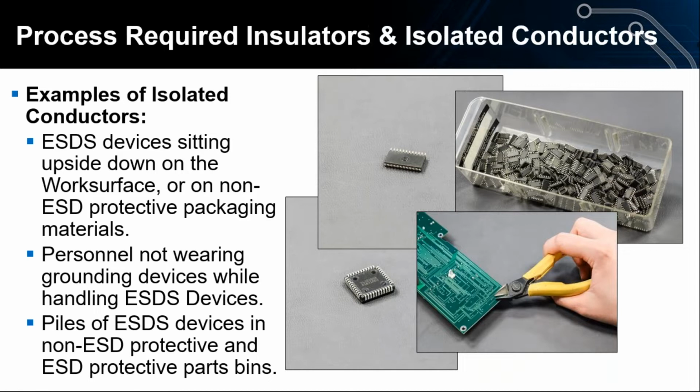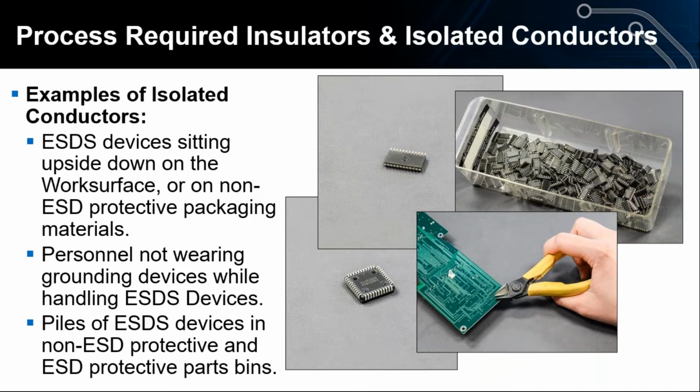Isolated conductors. Generally speaking, I would say that companies don't pay a lot of attention to isolated conductors, but it's a topic that is becoming more to the forefront of good ESD control. So if you have an isolated conductor, that conductor can charge up, and then if it touches another conductor, it will discharge.